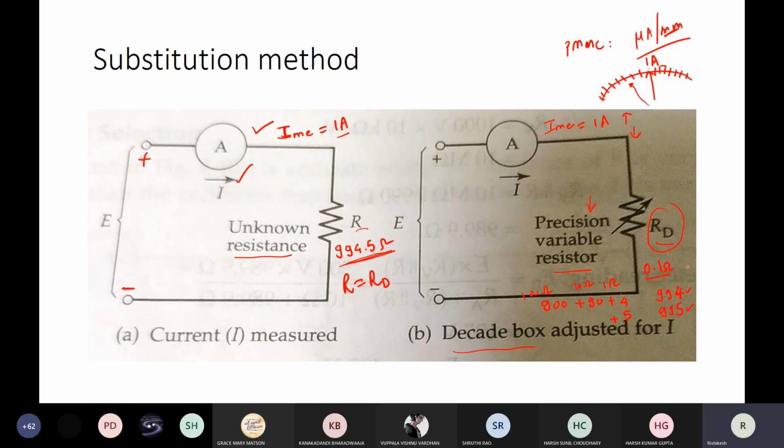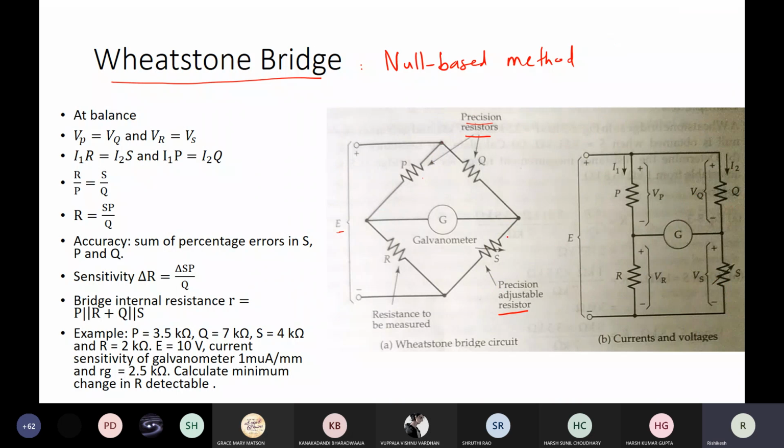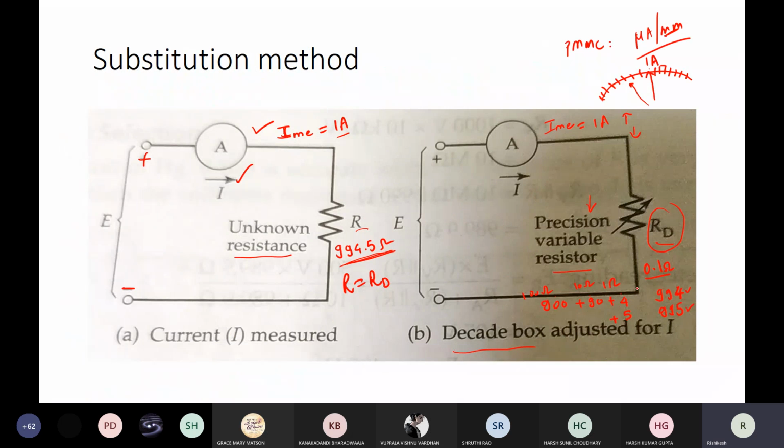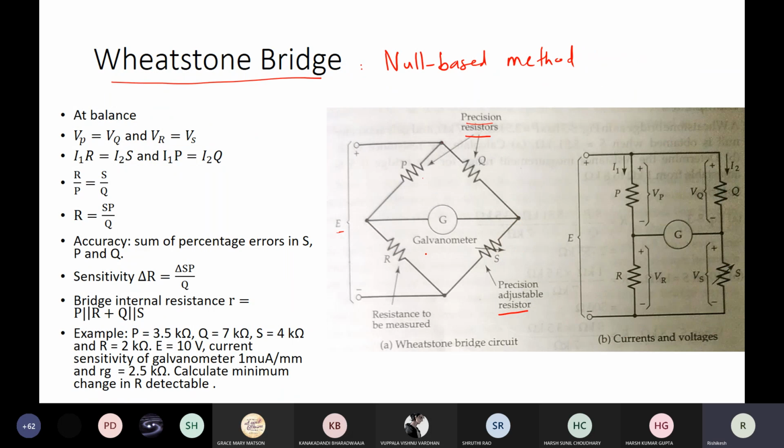It need not be a decade box; you can have a precision resistor which can vary continuously over a range. Here the unknown resistance R is placed.